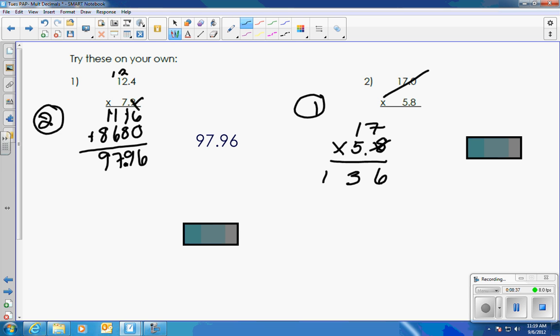I'm going to cross him out and put my placeholder. 5 times 7 is 35. 1 times 5 is 5, plus my 3 is 8. 6, 8, 9, and I should have 1 decimal place, right? So start at the end and count back 1.